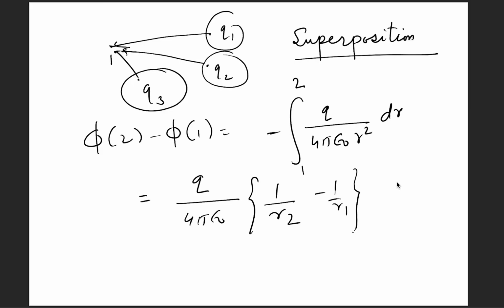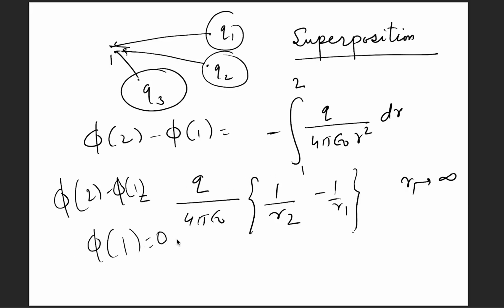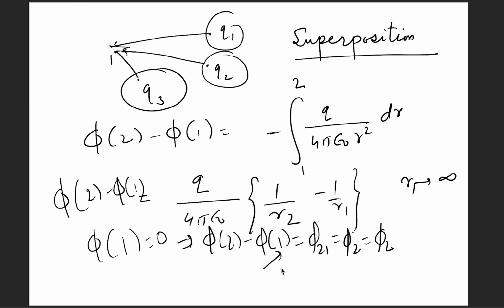Let us say this r1 is at infinity. So what will happen to the definition? Now what I will assume is that phi at infinity, that is r1, that is phi 1, is equal to 0. It implies phi 2 minus phi 1 is equal to phi 2, because phi 1 is equal to 0.